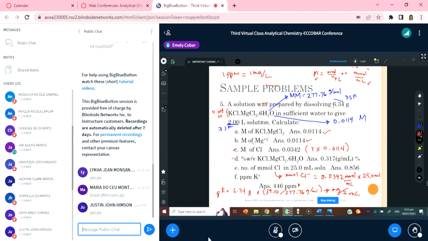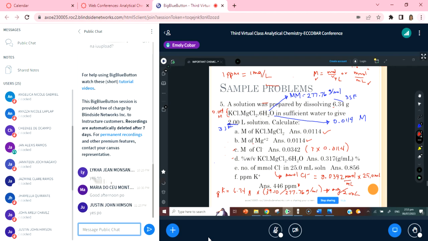So if I have 0.0114 mole of this whole thing, then the chloride there are 3. So in terms of chloride, I will simply multiply 0.0114 by 3. And you'll get this.